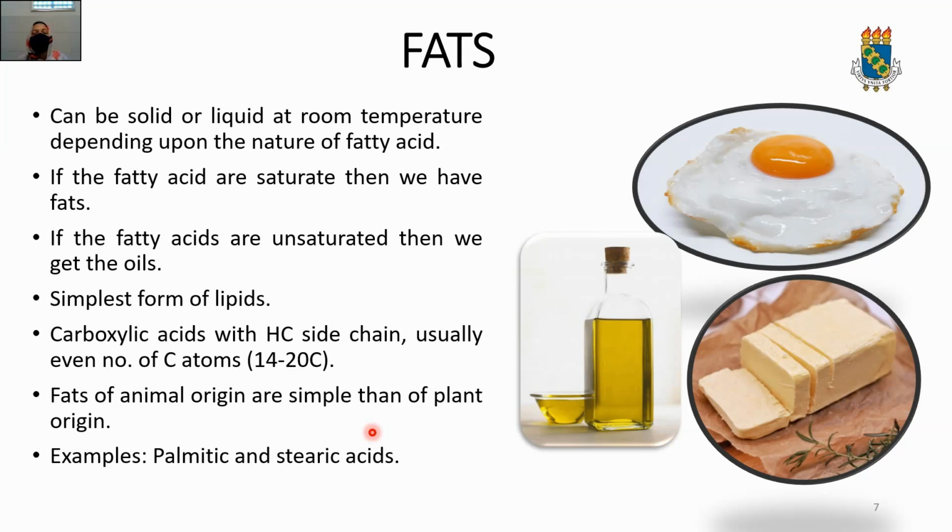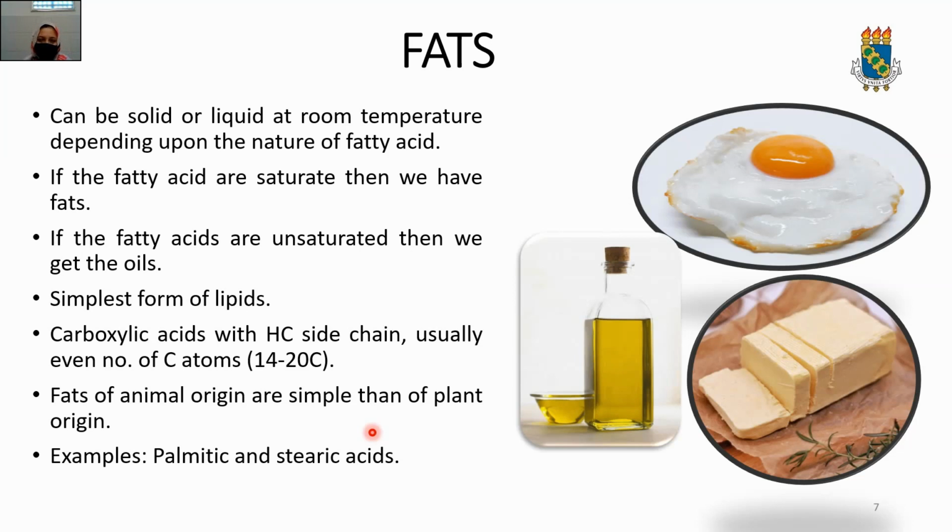So fats of animal origin are simpler than those of plant origin, because the oils from plants have different kinds of groups attached to their alcohol moiety, and they also have more complication in terms of their single and double bonds.